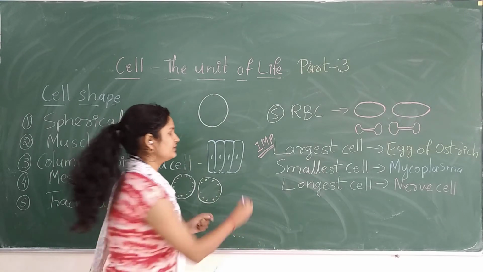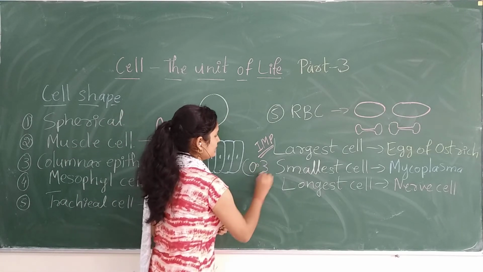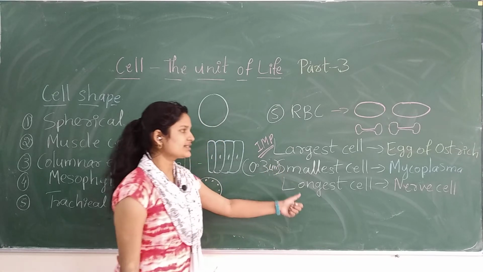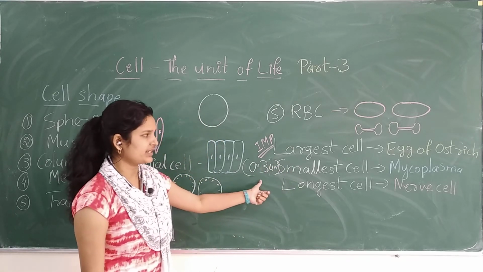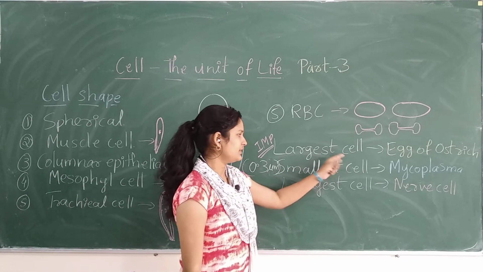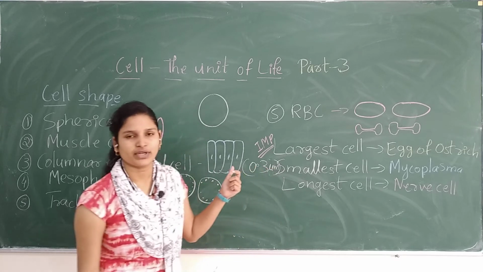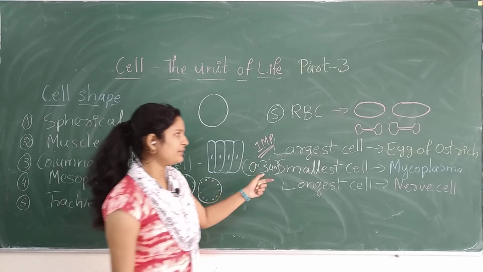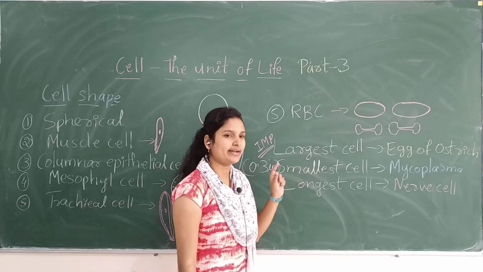Remember this, 0.3 μm. The smallest cell, mycoplasma, has 0.3 μm, and it's near about the same, 0.3 to 0.4. Remember the near value.